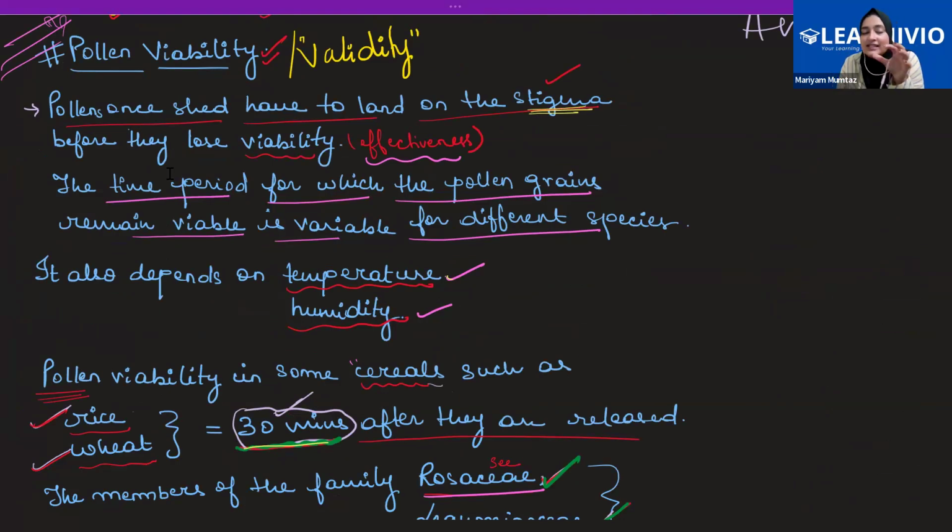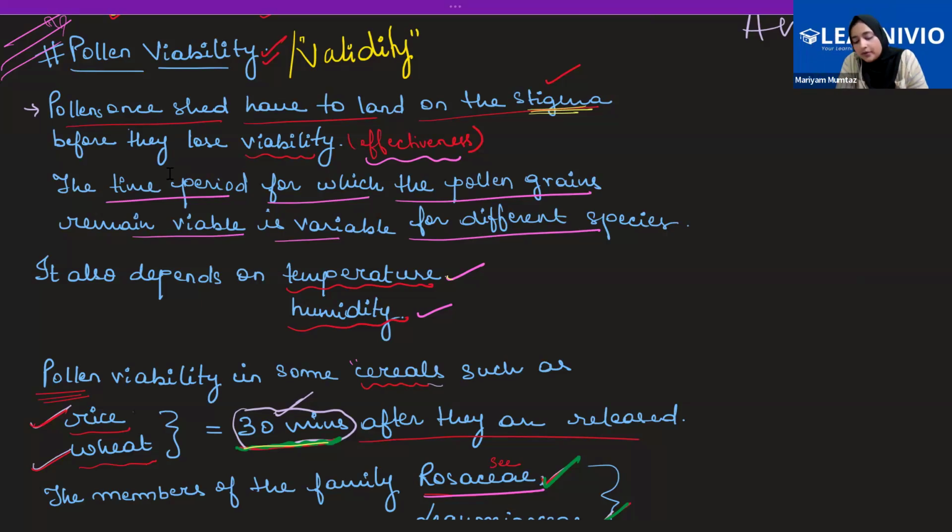Once shed, they have to land on the right type of stigma before they lose their effectiveness. Apart from being specific to the species, this time period also depends upon the temperature and the humidity.